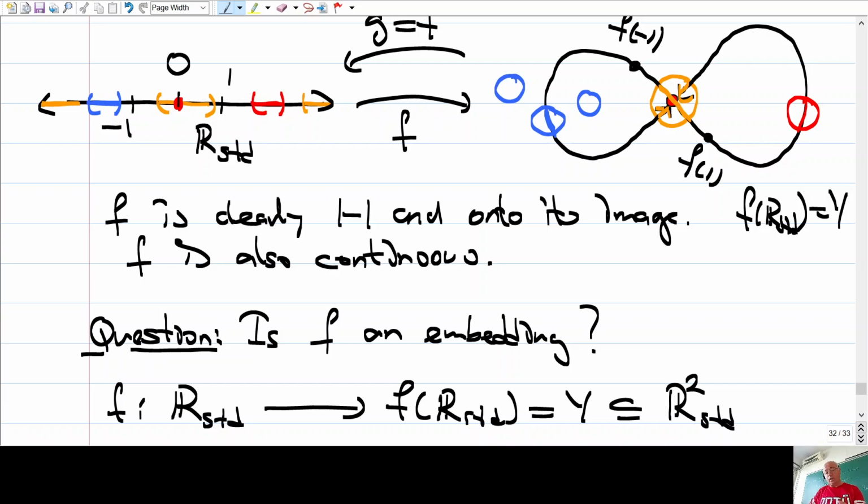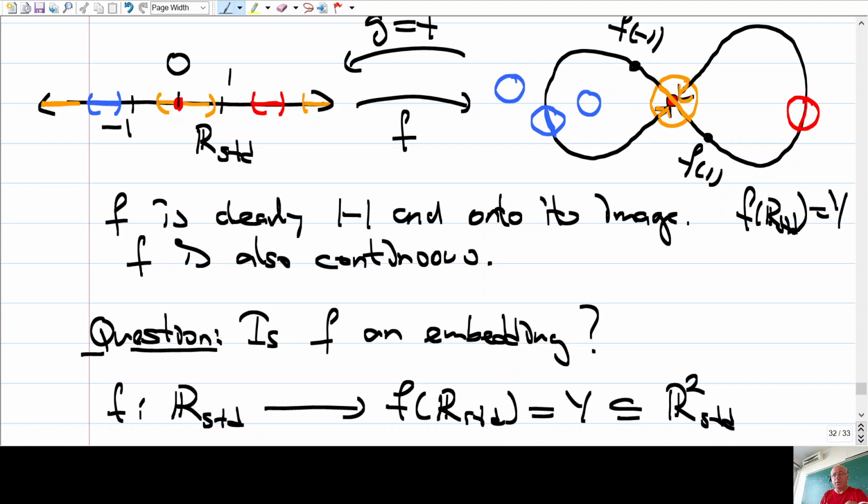However, I can introduce a new topology on R so that this becomes a homeomorphism. This means I can introduce a topology on R so that with that topology, it is homeomorphic to figure 8. In other words, I can put a topology on R so that it becomes figure 8.